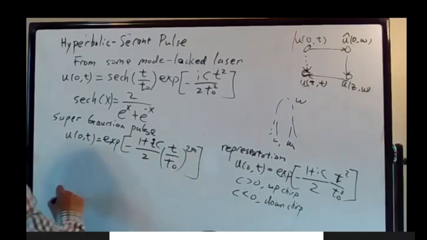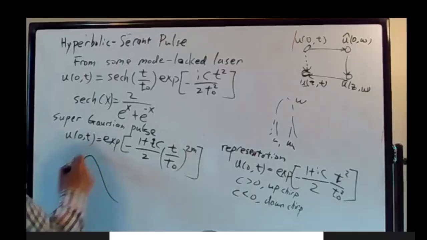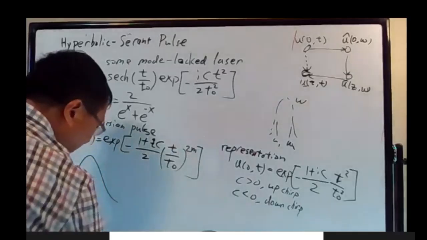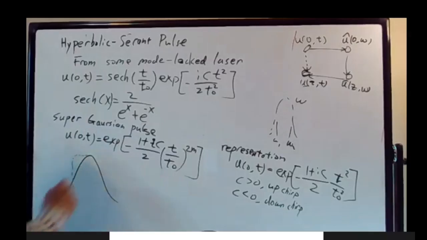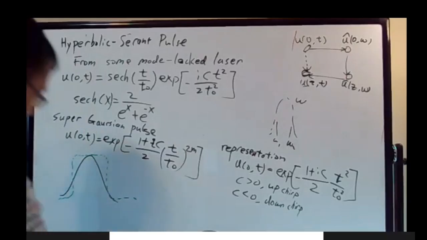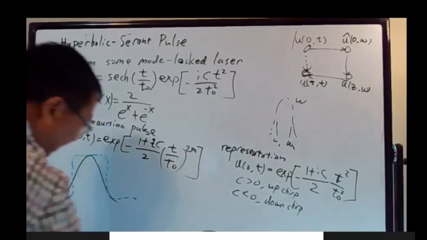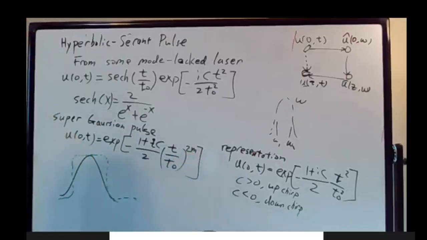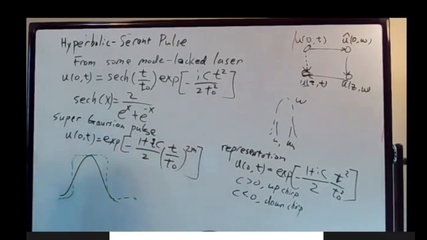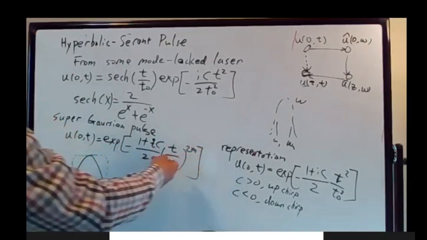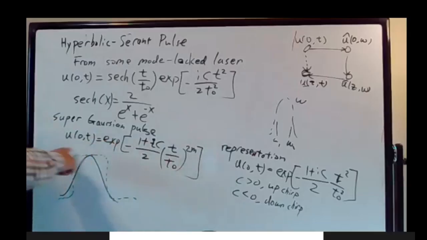So instead of the Gaussian pulse, it looks more like a stepped pulse, because it has a power of 2m, such as 4, 6, 8, right? That's why it falls off more rapidly compared to the normal Gaussian function.